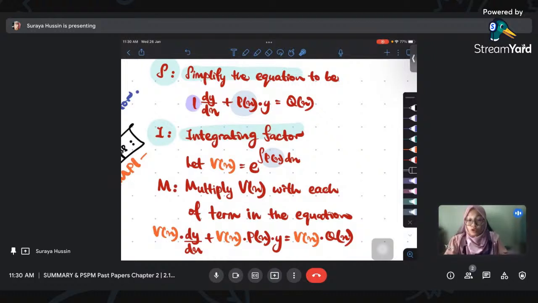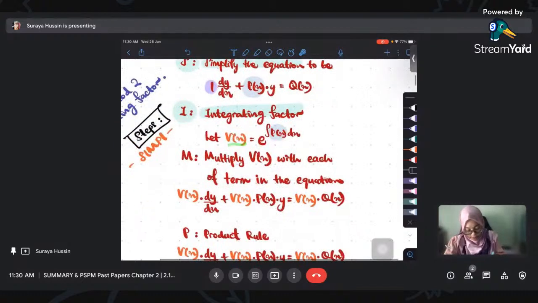So you've got to arrange first. Arrange it neatly so it's clear, then you put it into the IF, integrating factor. And then the third step is multiply, the VX, multiply the integrating factor with each term. M means multiply.